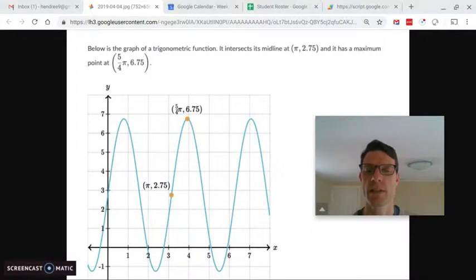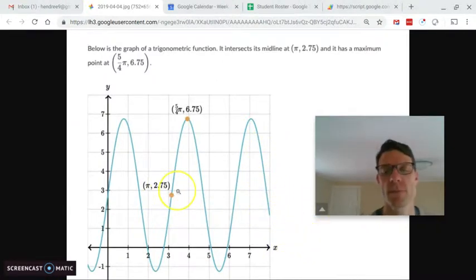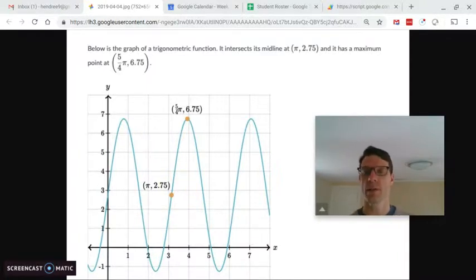And then you're just going to have this repeat over again, just over here. So it'll go up again to its peak, go down to its midline, go down to the bottom, right, until it repeats its shape again. And so periodic functions repeat their shape. So the period is just the basic unit of that repetition.